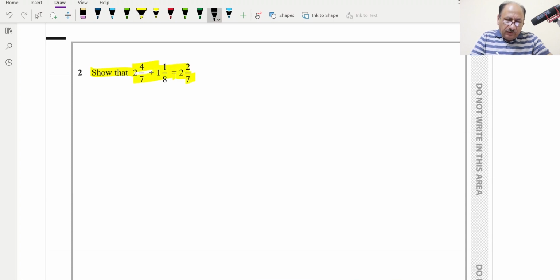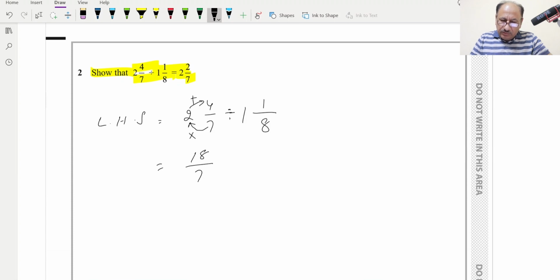So we'll take the left hand side, and basically the left hand side will be equal to 2 whole 4 over 7 divided by 1 whole 1 over 8, and we can change into improper fractions. 7 multiplied by 2 is 14, plus 4 will be 18. 18 divided by 7, and similarly for 8, multiplied by 1 and then plus 1, so 8 plus 1 will be 9, so this will be 9 over 8.